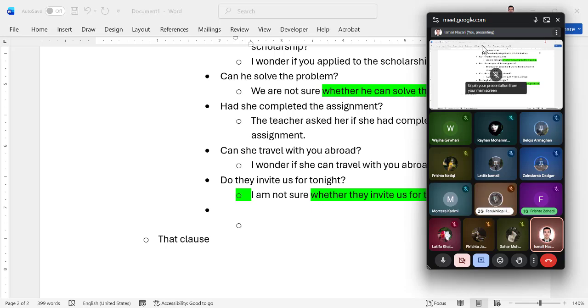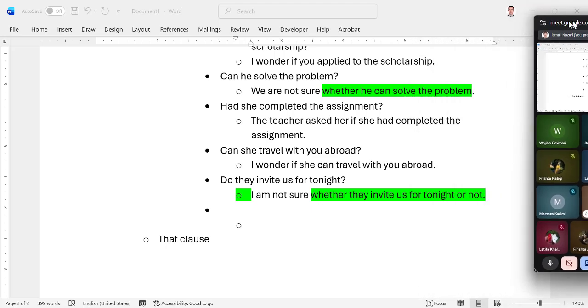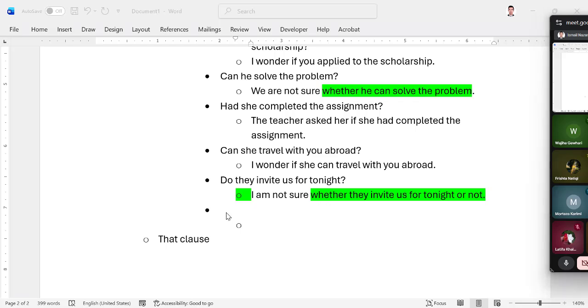Miss Farooq Liqa. Could you tell me she can participate in the meeting? So that itself is a noun clause.